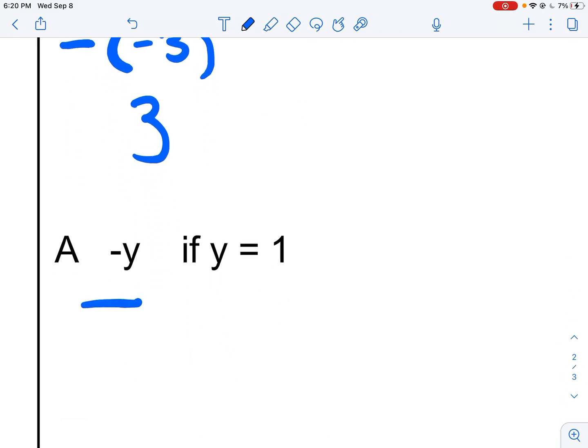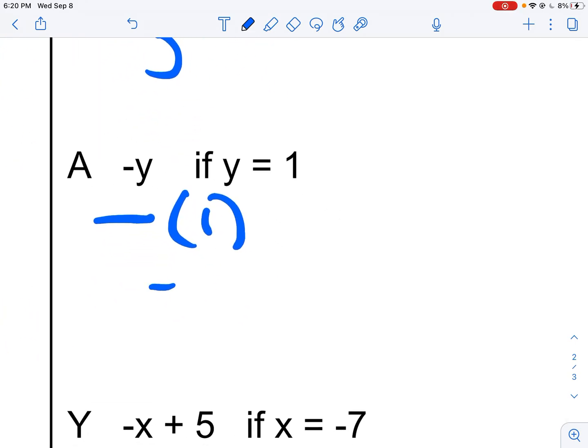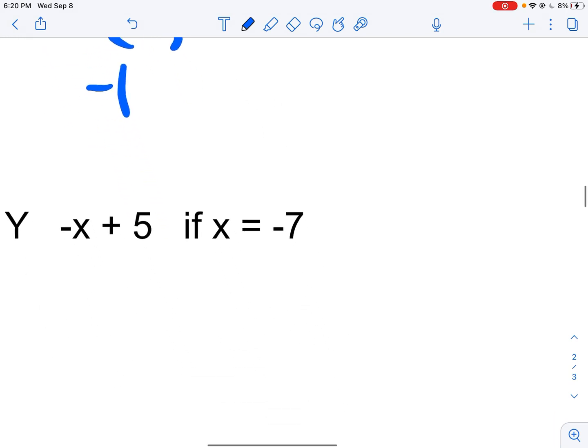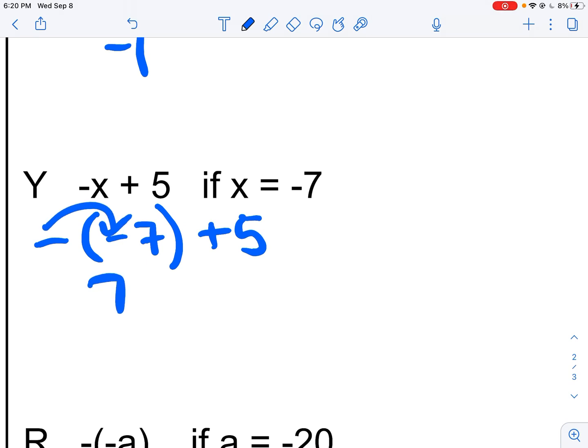I have a negative. I'm replacing the y with 1. Oopsie daisy. The opposite of a positive 1 is a negative 1. Here we go again. I have a negative. I plug in a negative 7 plus 5. The opposite of a negative is a positive 7. So that would get me 12.